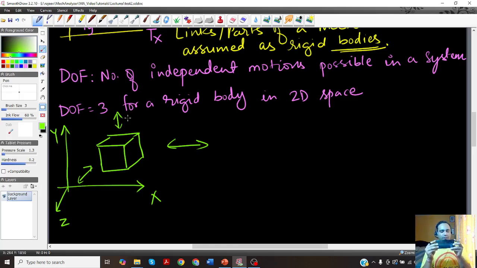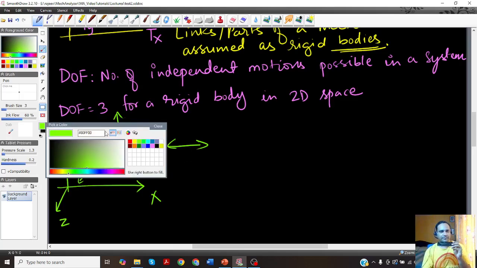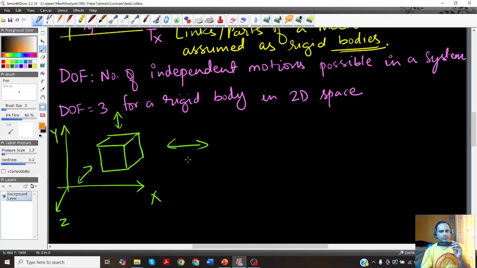Okay, now I can also rotate about the X direction like this. So that means I can do rotation in this manner. I can rotate about the Y direction like this. So this is the Y direction, and I can rotate about the Z direction coming out of the plane towards the viewers.